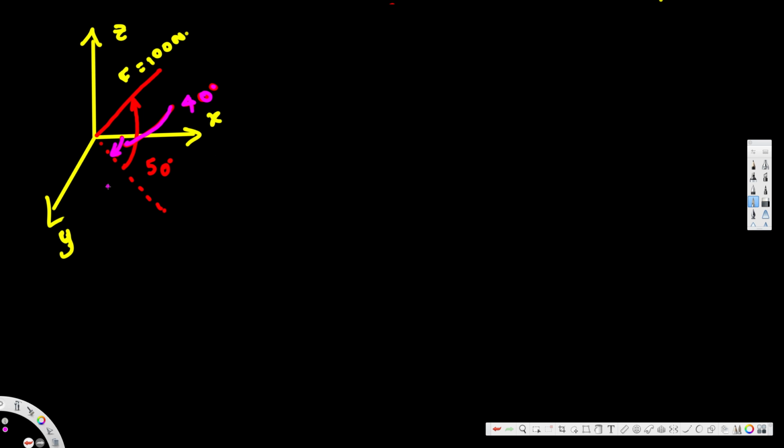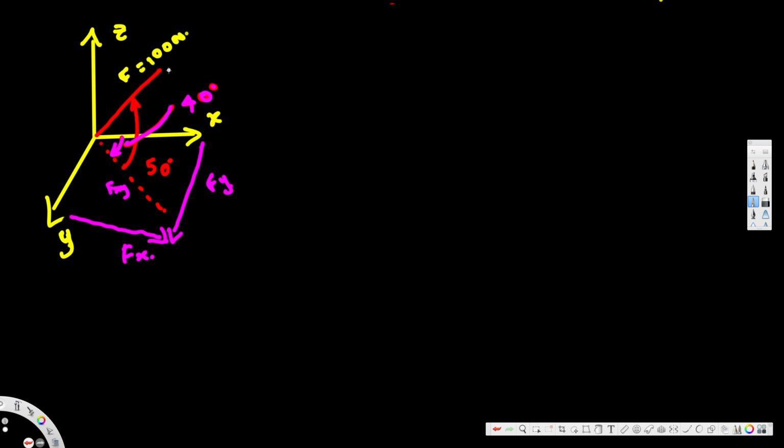So this is going to be our fxy. This is y, this is x, and we are going to have the y component like this. This is our fy component, and this is our fx component. It's easy to find the z component, because we can take this triangle separately.